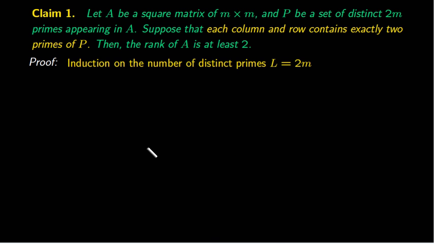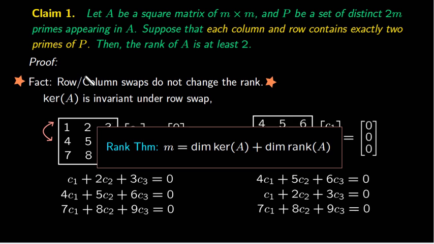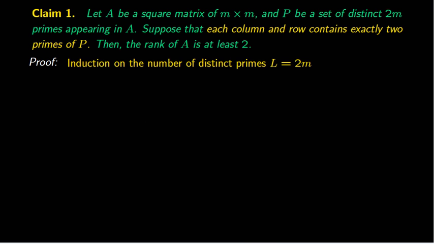Alright, by row swapping, we keep the rank of a matrix. So we're doing the induction on the number of primes. In this case, we have 2m. So we suppose it has rank 1.